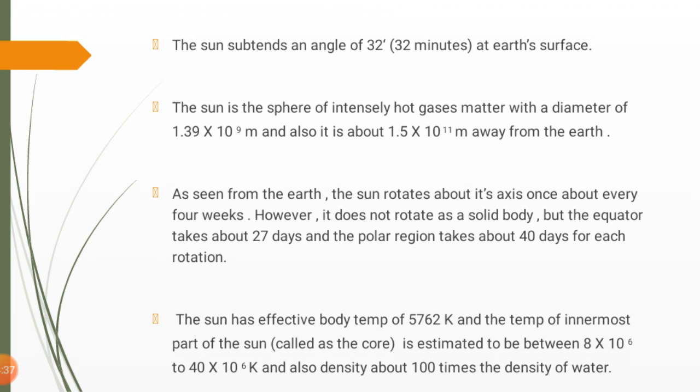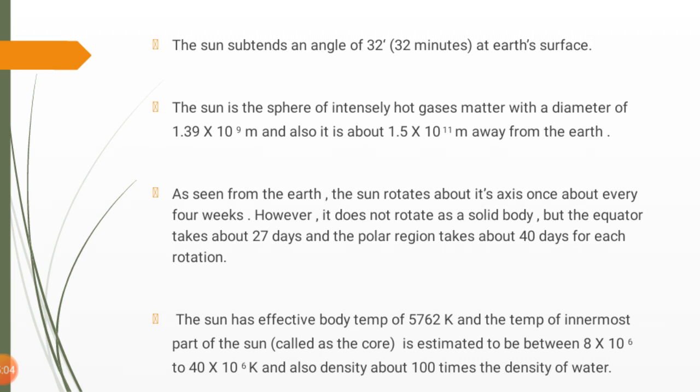At the core, the temperature is very high compared to the surface, in the order of 10 to the power 6 Kelvin. And also the sun's density is 100 times the density of water. This is all the characteristics of the sun.